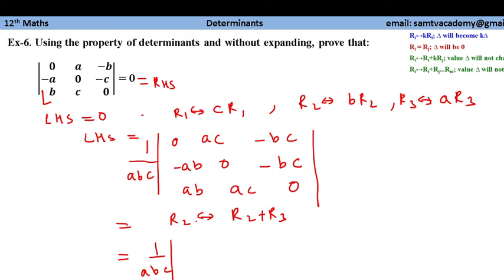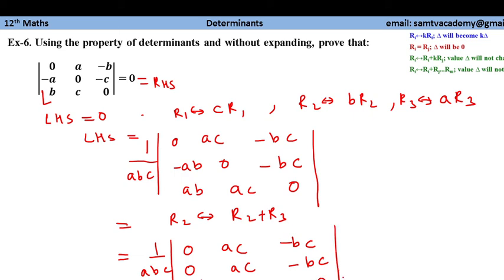So the first row will be as it is, 0 AC minus BC. This row R2 is replaced, so this will become 0. Here it will come AC. Here it will be as it is, minus BC. Last row, row 3, will be written as it is, AC and 0.